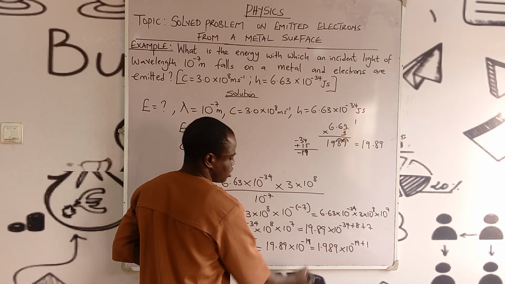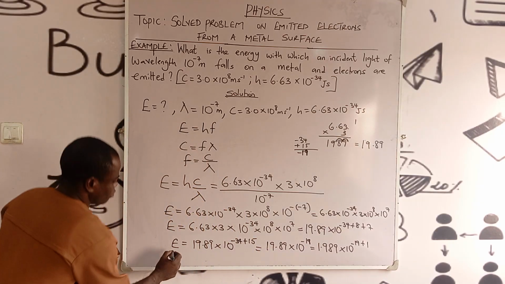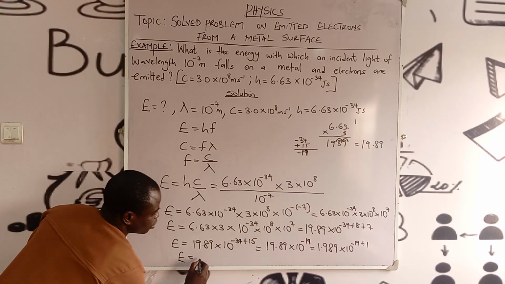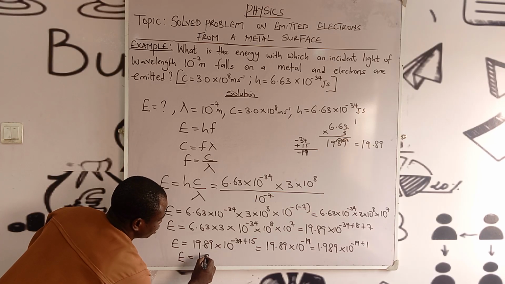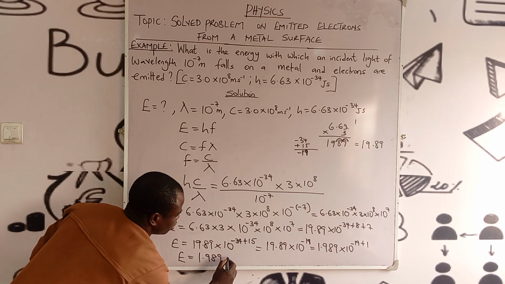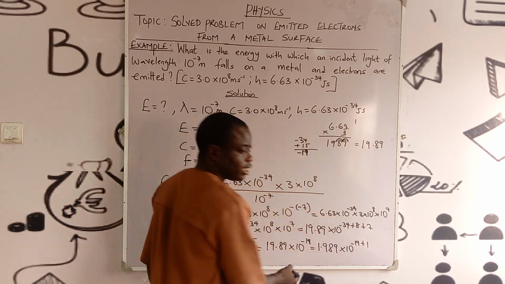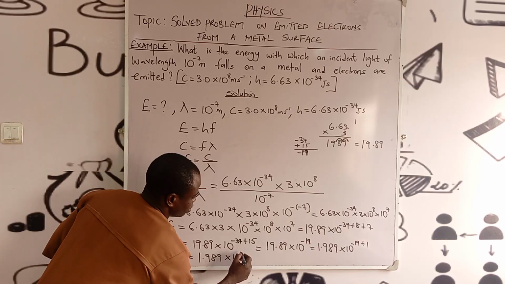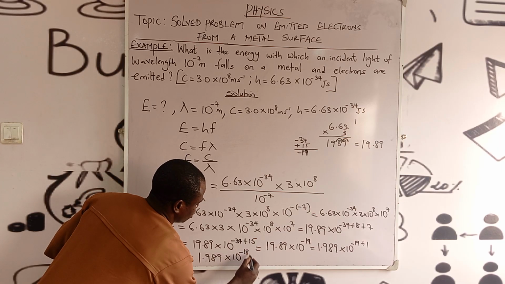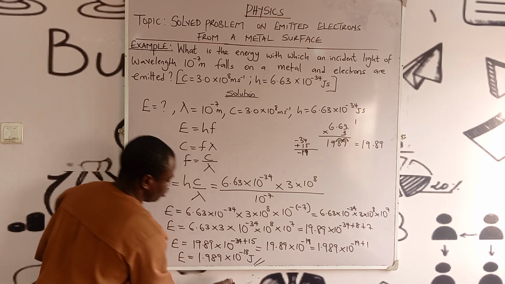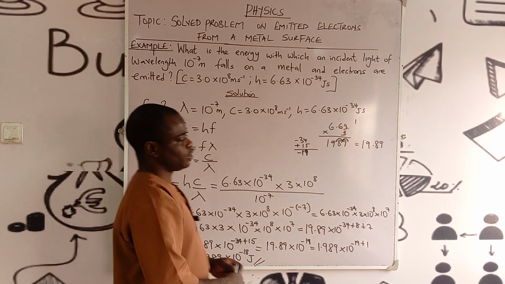Your energy now equals 1.989 times 10 raised to power minus 19 plus 1, that is minus 18. Minus 18 joules. The unit of energy is joule.